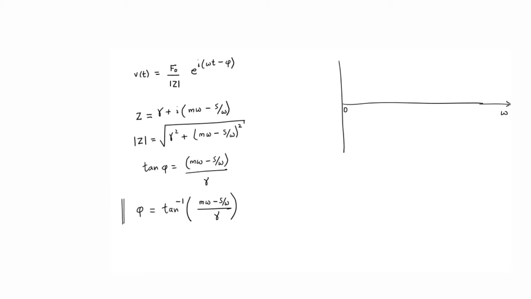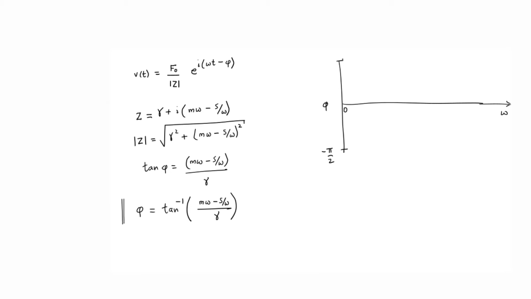As omega tends to 0, the dominant term would be minus s by omega, so it would give me minus infinity. Tan inverse of minus infinity corresponds to minus pi by 2. So, phi, which will be on the y axis, will run from minus pi by 2 to some large value, which will be determined by the value of omega at the other end.